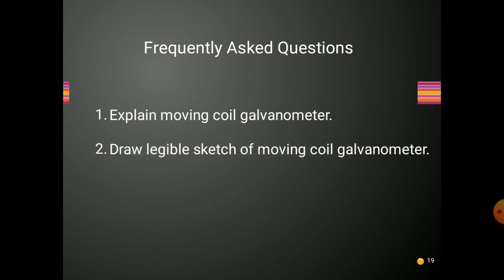Explain the moving coil galvanometer. With the help of a diagram, we explain the construction, theory, and the relation between I and theta in the first question. In the second question, it is simply to draw a legible sketch of the moving coil galvanometer.